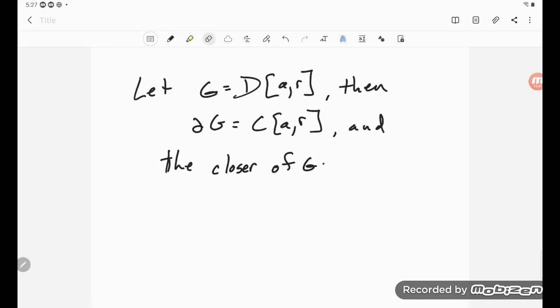That could get confusing. Is G union the boundary of G.